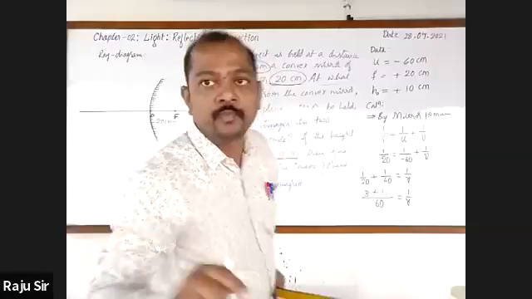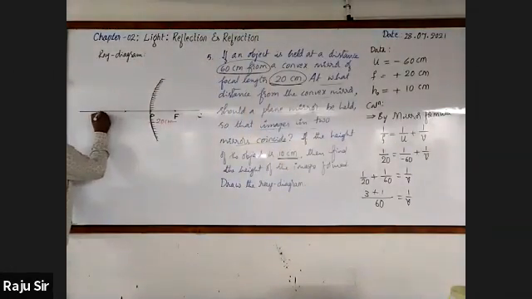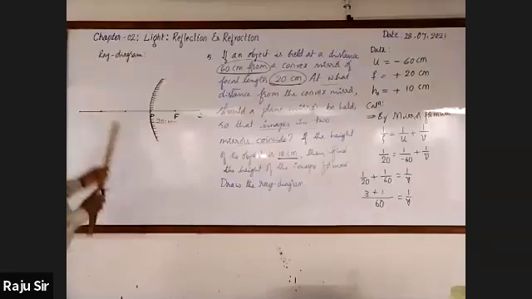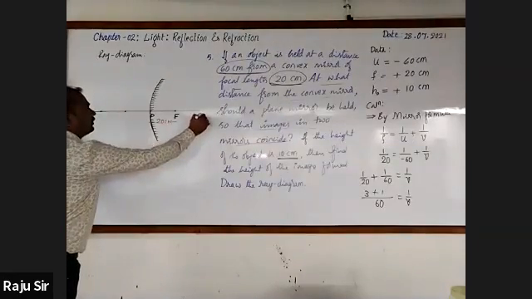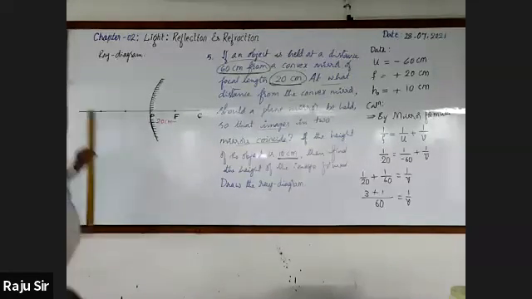So it is behind C, sir. This is 20, 40, and this is 60. Now, place the object at a distance of 60 centimeter from the mirror.